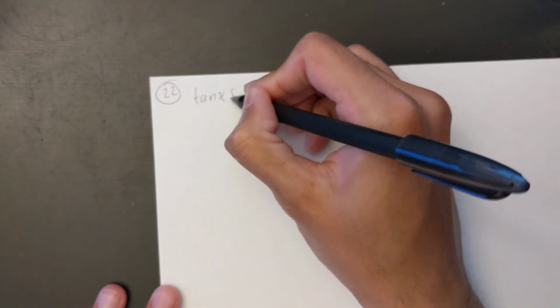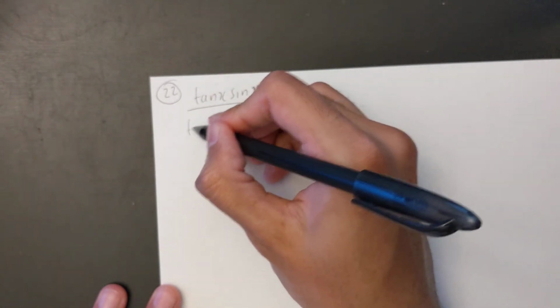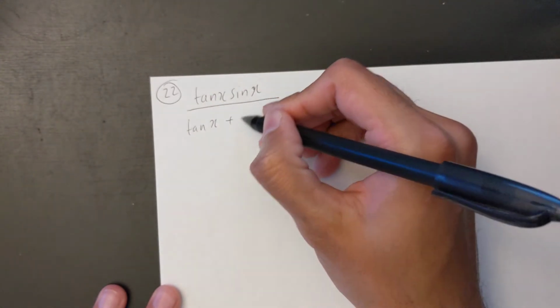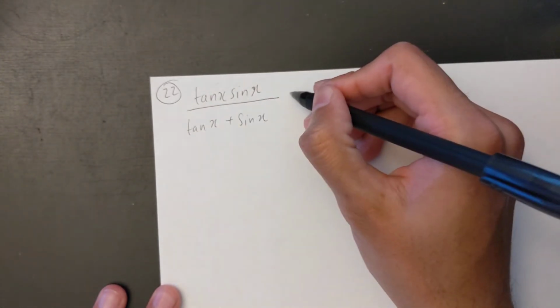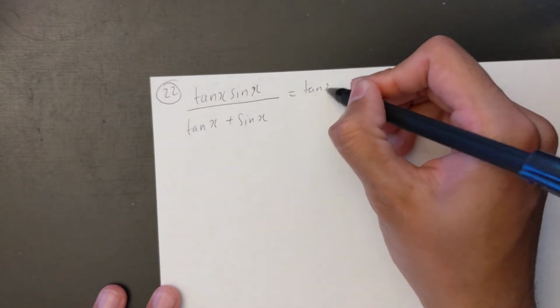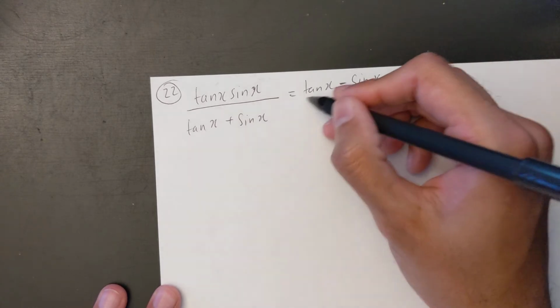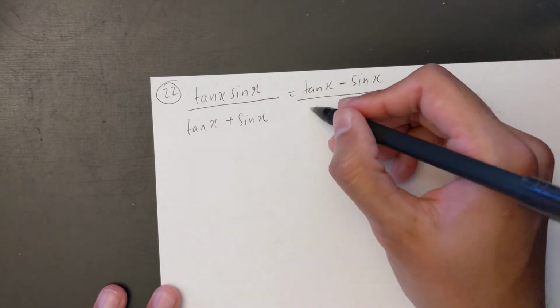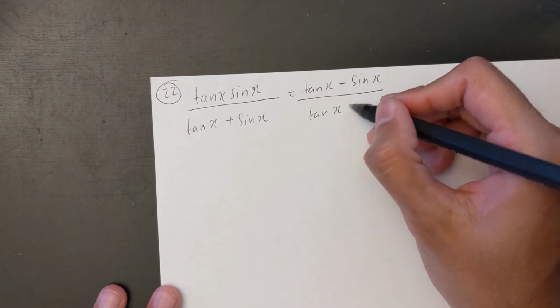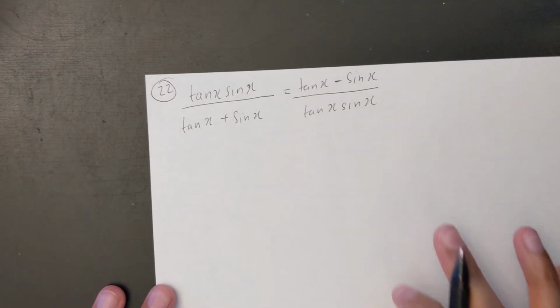Tan x sine x over tan x plus sine x equals tan x minus sine x over tan x sine x.